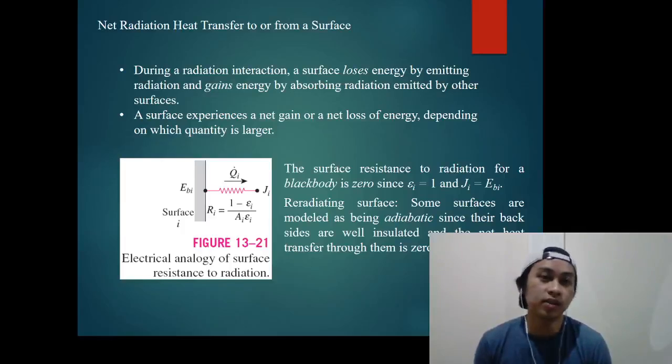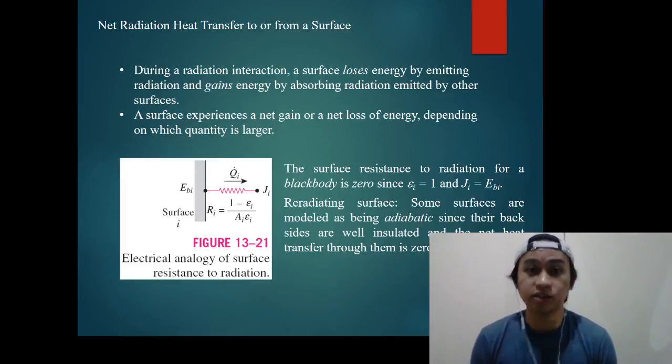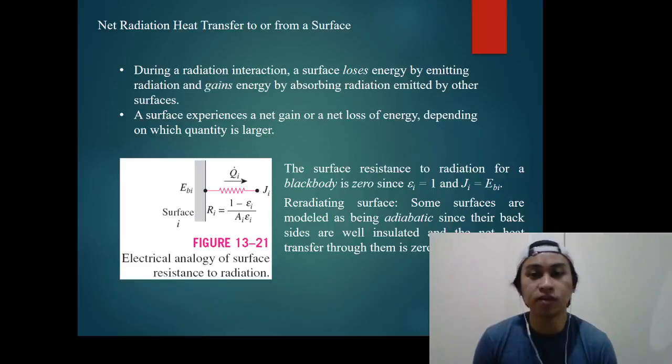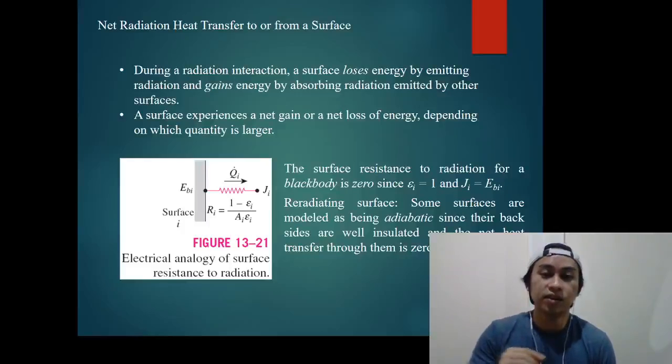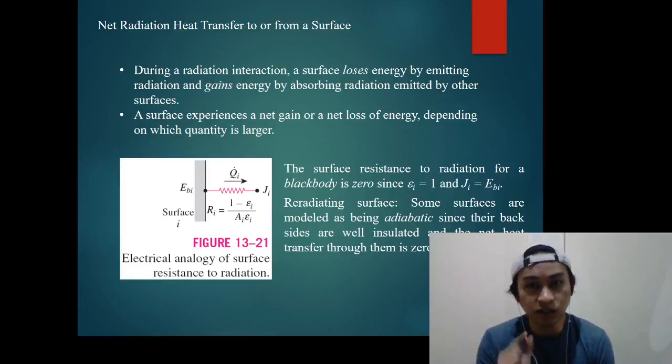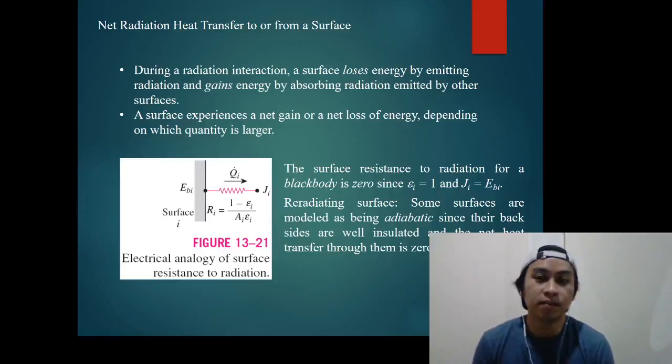Next is the net radiation heat transfer to or from a surface. During radiation interaction, a surface loses energy by emitting radiation and gains energy by absorbing radiation emitted by other surfaces.